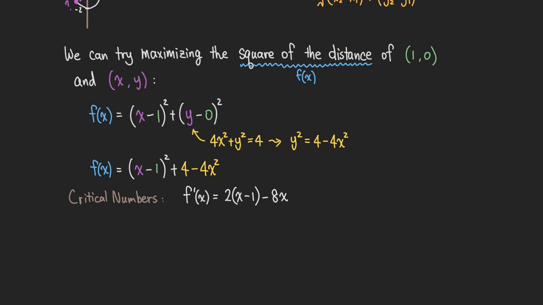And so we are getting a really simple derivative. And we can try to simplify this. So it becomes 2x minus 2 minus 8x. And so that becomes negative 6x minus 2.